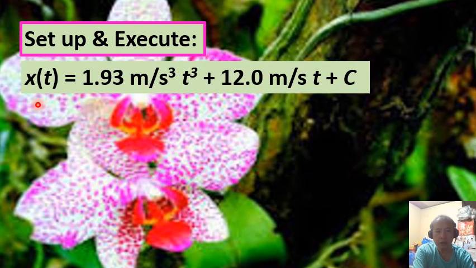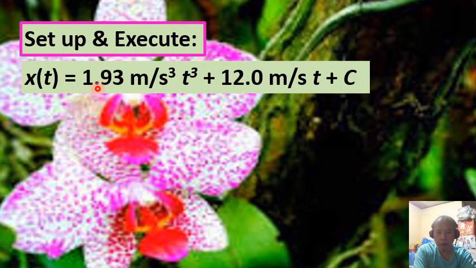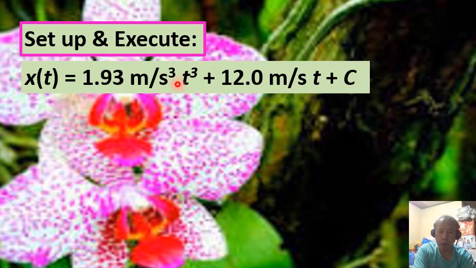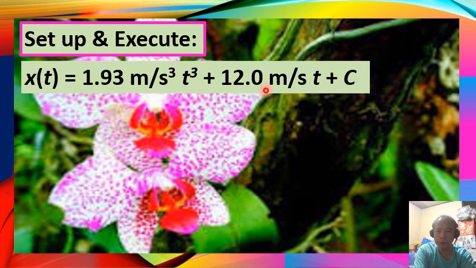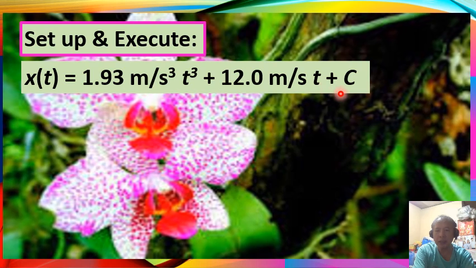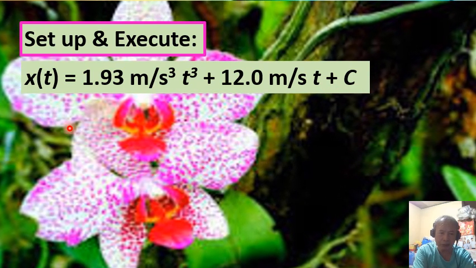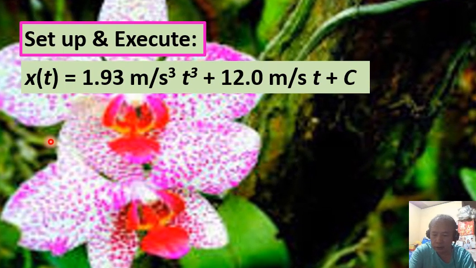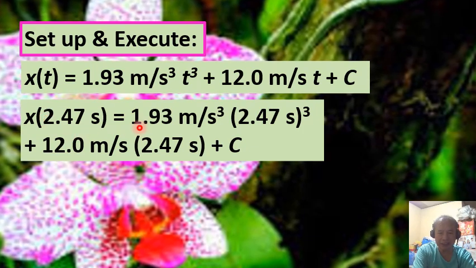So using this position x function equal to 1.93 meter per second cube multiplied by t raised to the third power plus 12.0 meter per second times t plus the constant of integration capital C, we just substitute the computed value for time t of 2.47 seconds.